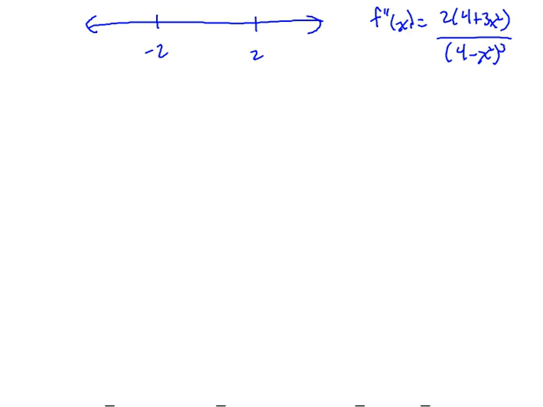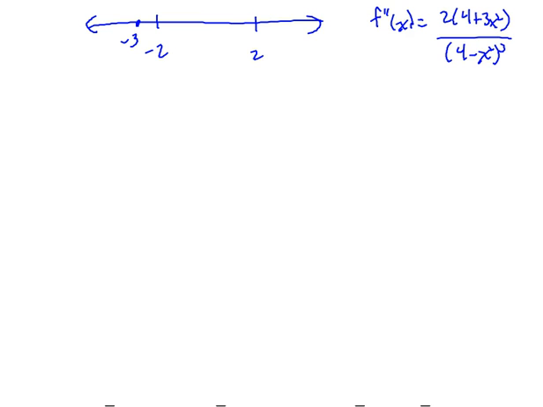Now, remember that the numerator of the second derivative is always positive, so we just have to see the sign of the denominator as we plug in these different values. For example, what if we plug in negative 3? In the denominator, that would be 4 minus negative 3 squared, that will be 4 minus 9, so that will be negative 5 cubed.